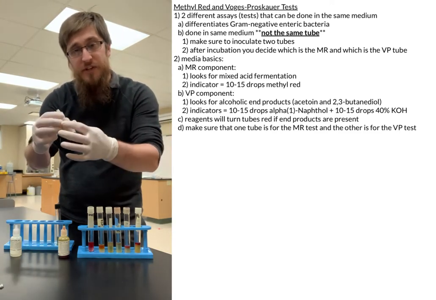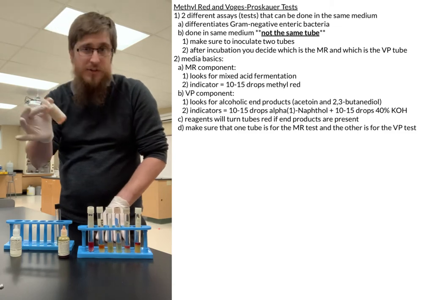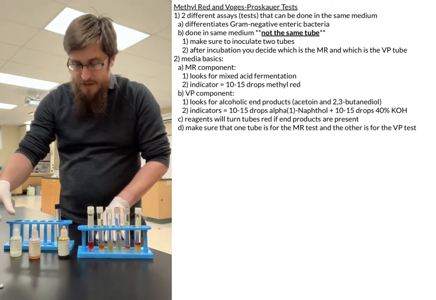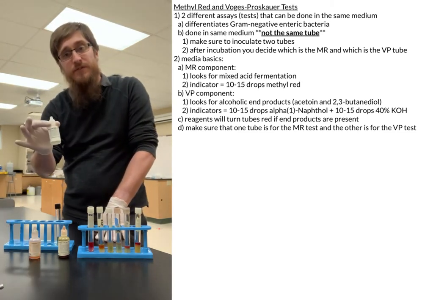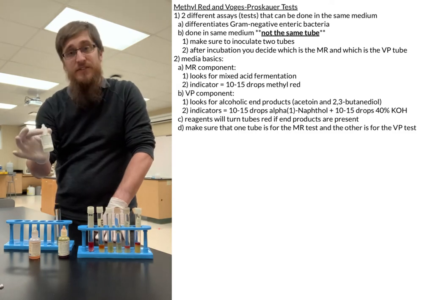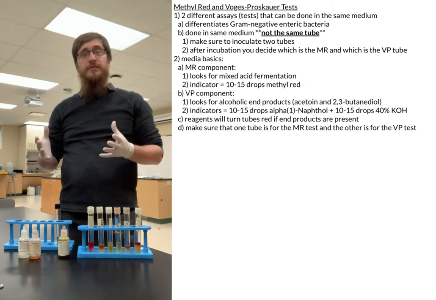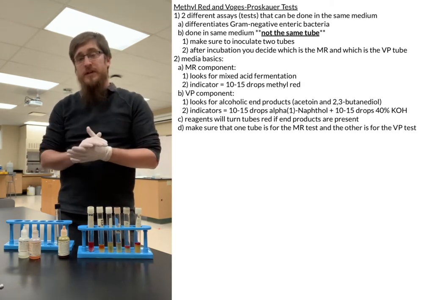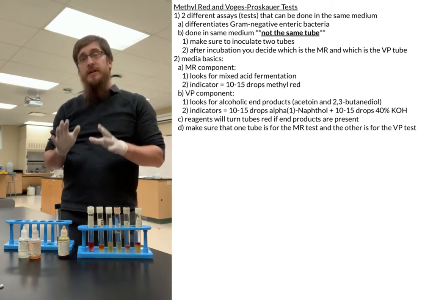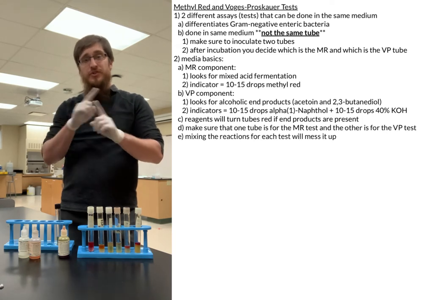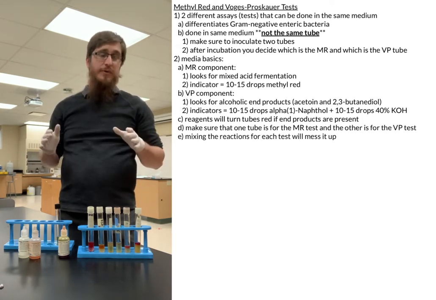This might also say 1-naphthol on it, but it's called alpha-naphthol. And then afterwards, you want to add about 10 to 15 drops of 40% potassium hydroxide, which is often abbreviated just KOH. So just be aware of that again. Basically, if you mix and match your reagents, you're going to mess up the whole thing.